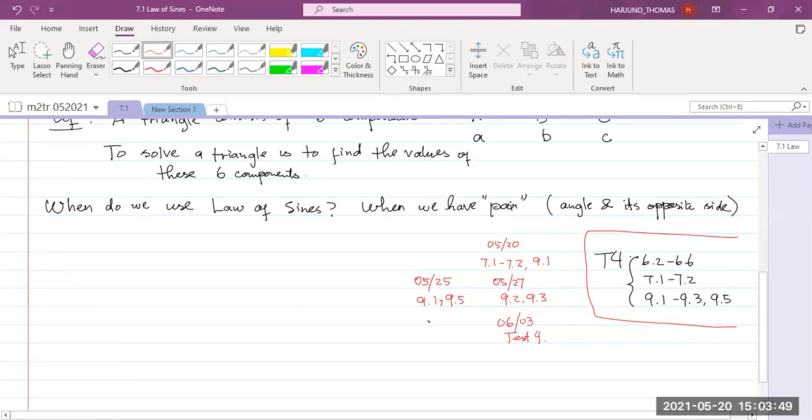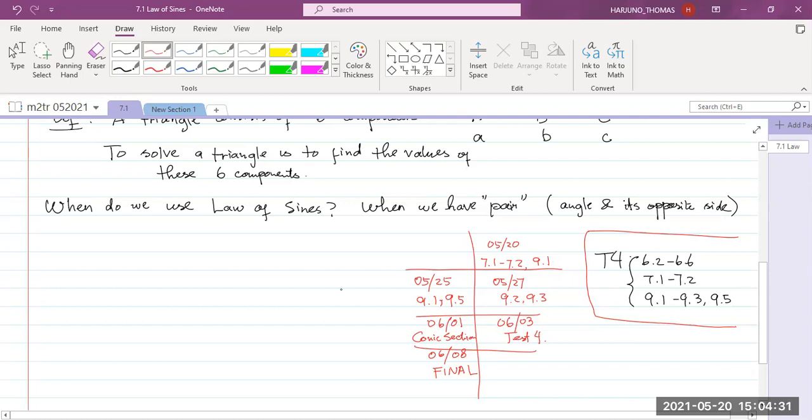Now I plan on the Monday or the Tuesday to do conic sections, but conic sections will not be in your test 4. It will be in your final. Your final is on the 8th. That's my plan with you.